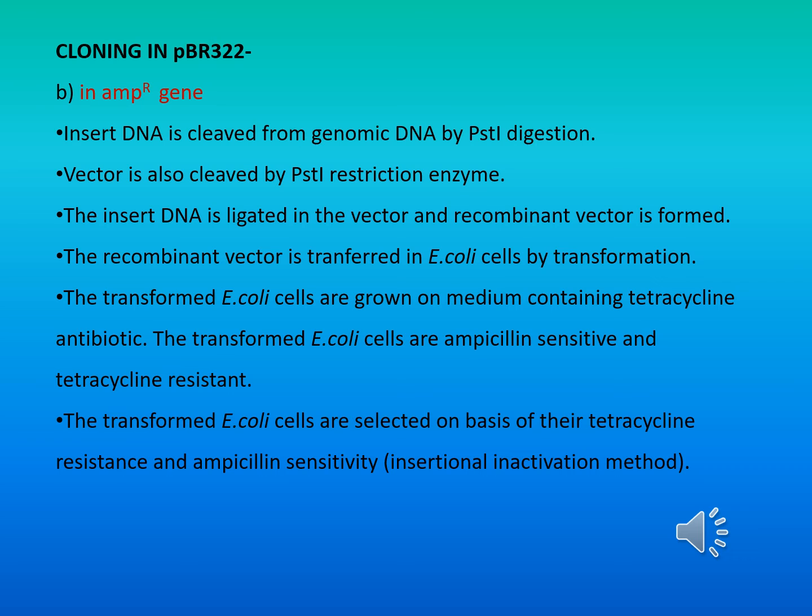After transformation, transformed E. coli cells are selected on a medium which contains the antibiotic tetracycline. The transformed cells are ampicillin sensitive because the gene is inactivated by the insertion of insert DNA. Now these cells have tetracycline resistance but no ampicillin resistance. We select the transformed E. coli cells by the insertional inactivation method.